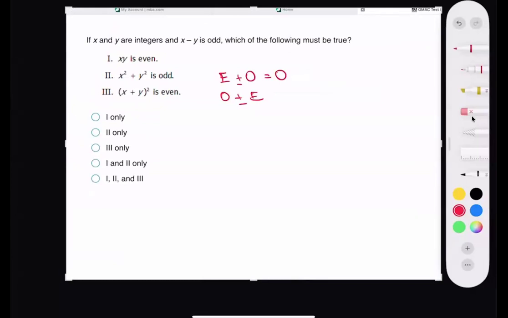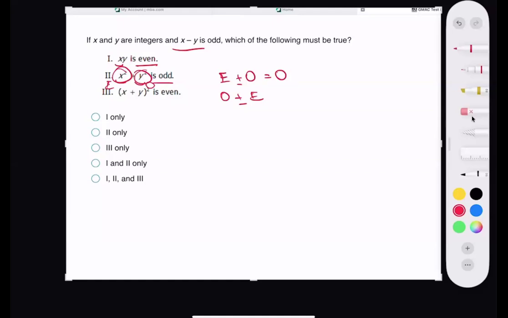Which of the following must be true? XY is even. True, because one of them is even, so the multiplication will be even if you have at least one even. X squared plus Y squared is odd. True, because suppose this is even, its square is even, and the square of an odd is odd.